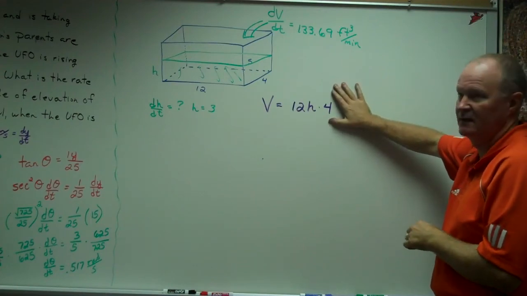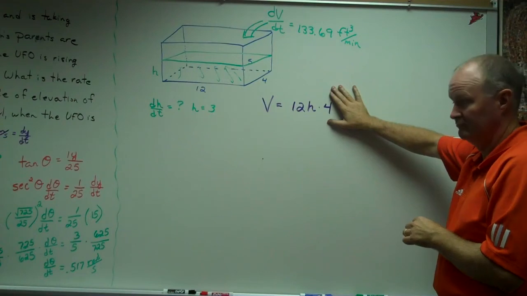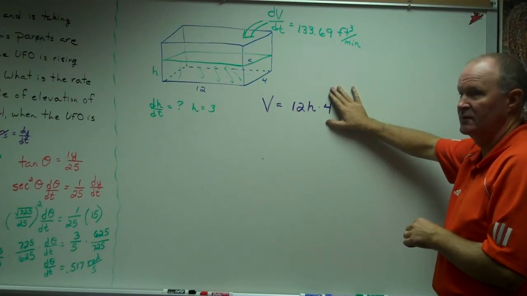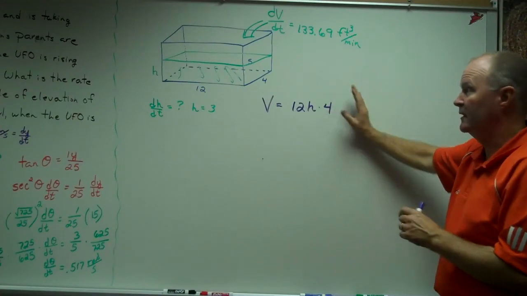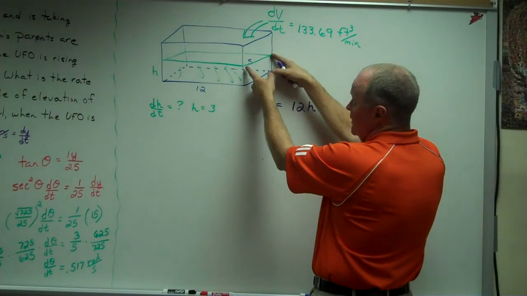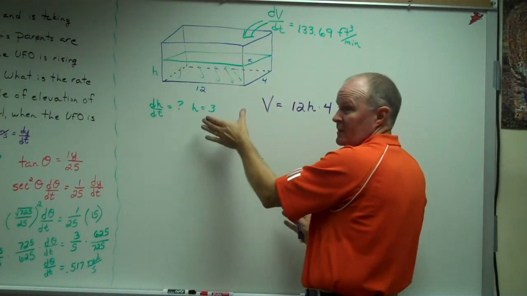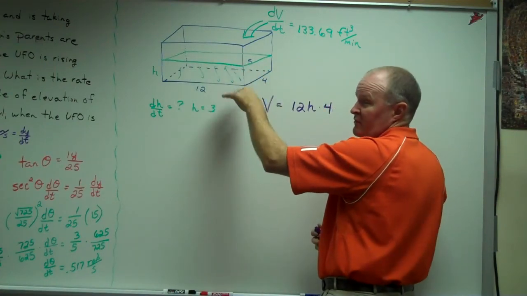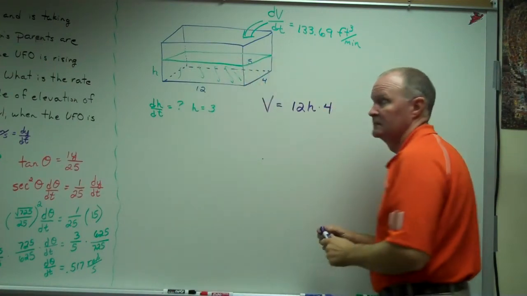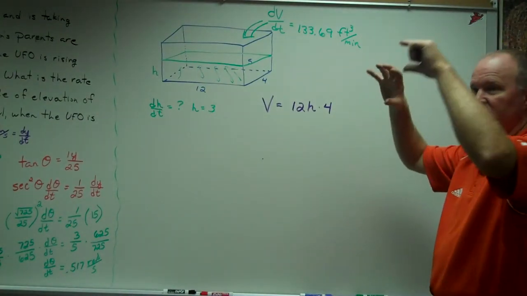Is that my volume equation? Well, I thought you said to not worry about the container. Well, I'm not, because I'm looking at the green part, that's 4, and that's 12 all the time. Okay, a good analogy is a fish tank. You fill up a fish tank, and that water's always a nice little rectangular prism.